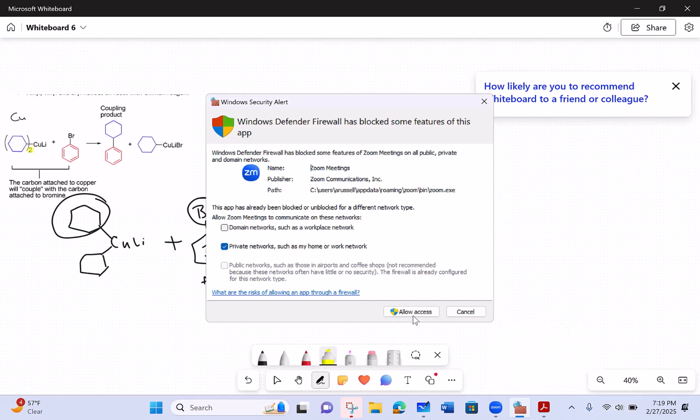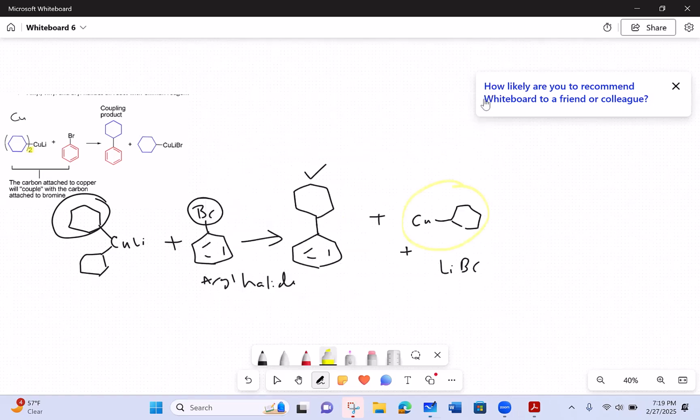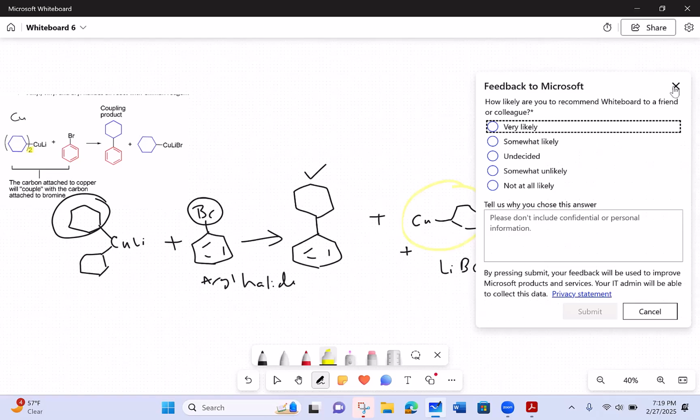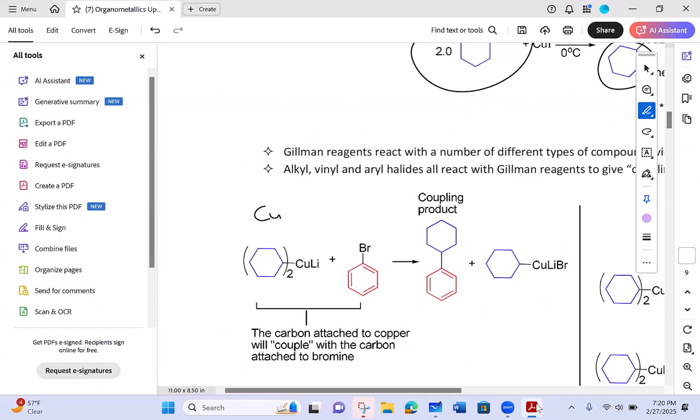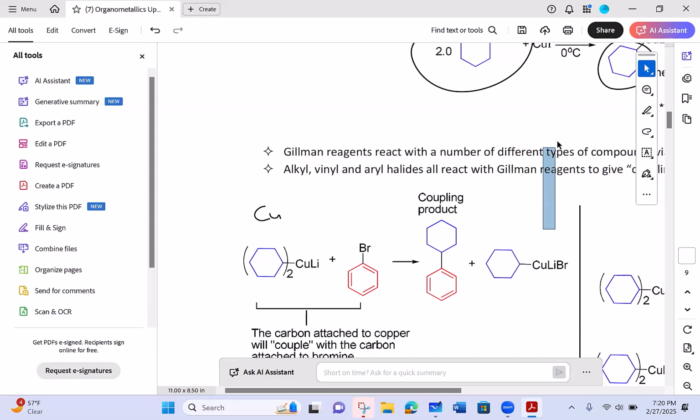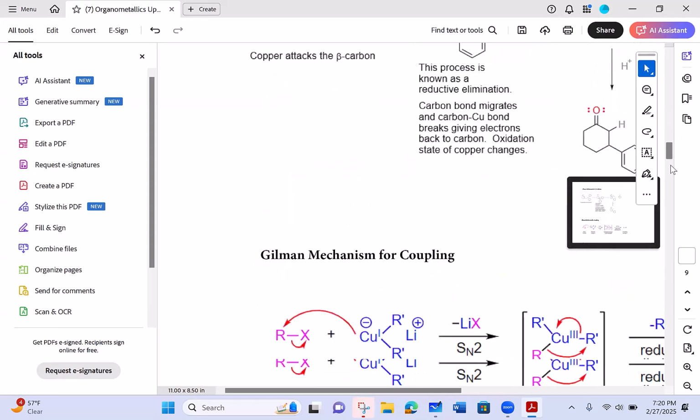And the coupling is the CMRX thing, right? Yeah, that's what it is. I'm looking at the page that says draw the product of each coupling reaction, and it just didn't click of how to do it.